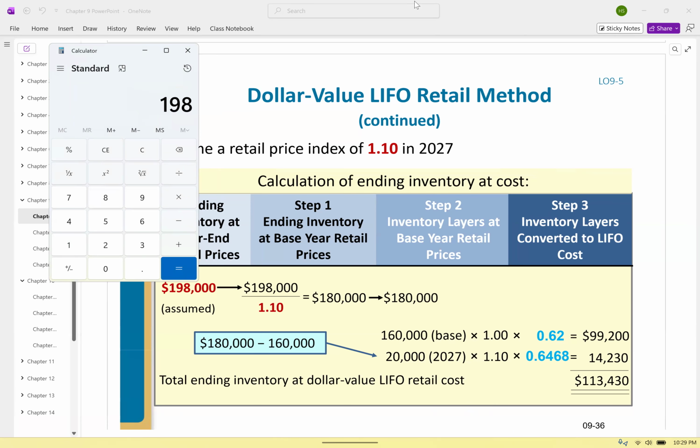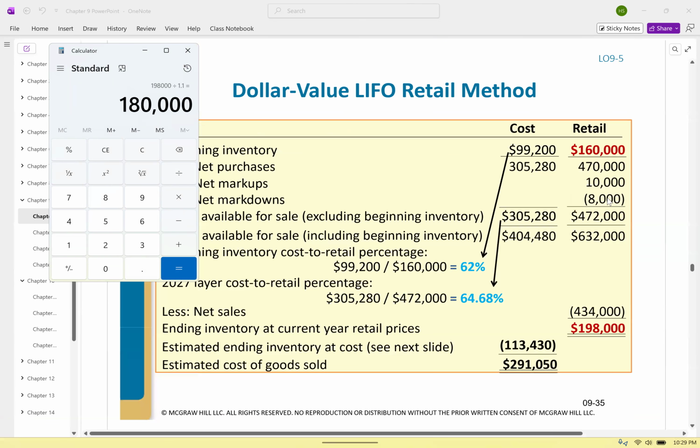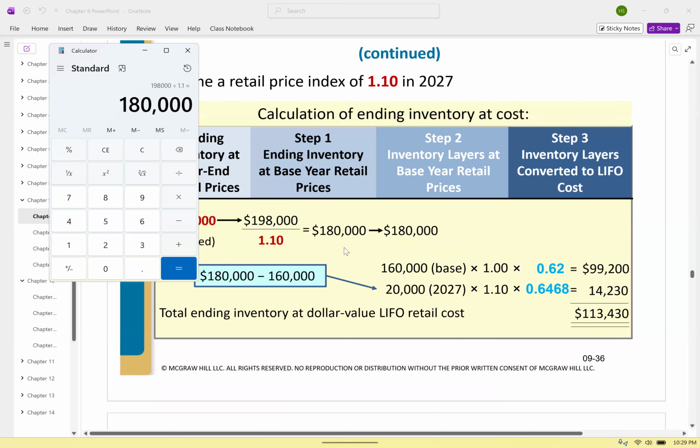So let's pull that calculator up and let you watch me put it in the calculator. We have 198 divided by 1.10. Remember, we are trying to get it in those base year dollars. So we get 180,000. We had 160. How do we know we had 160? Because there it is right there. 160 from the base layer multiplied times a dollar multiplied times 62% gives us 99,200.